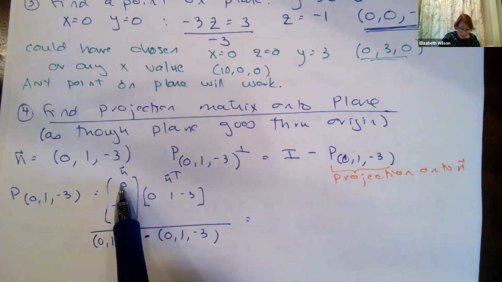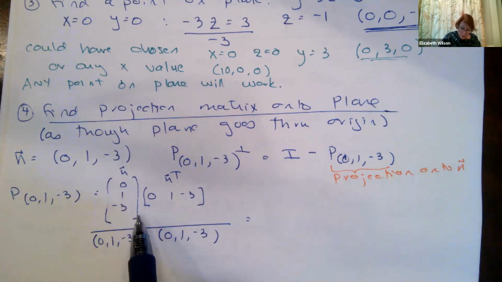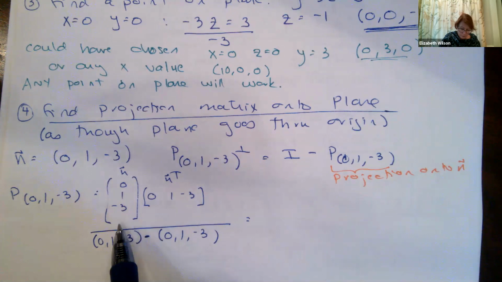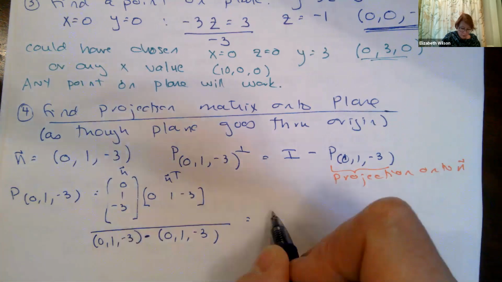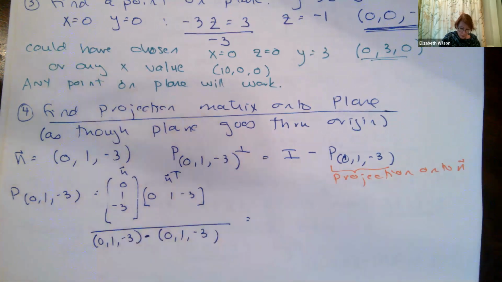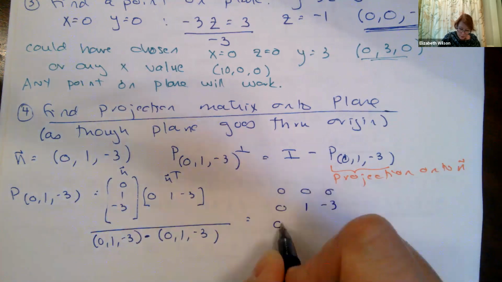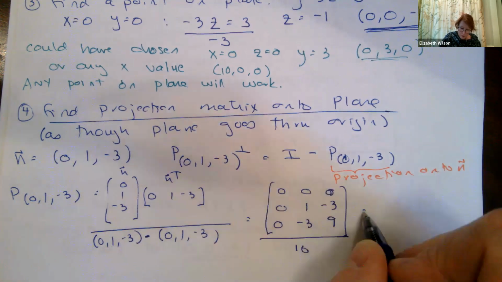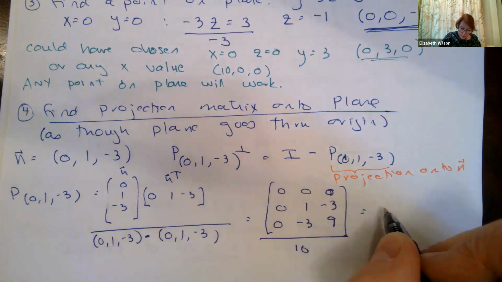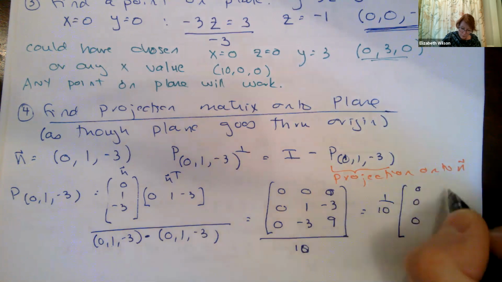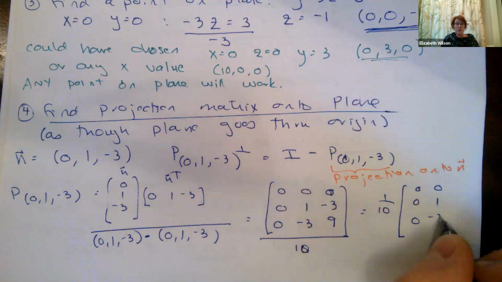So this is going to look like 0, 0, 0, 0, 1, -3, 0, -3, 9. And that's being divided by 0 plus 1 plus 9, that's being divided by 10. So I can draw this out: 1/10 times that matrix. So that's our projection onto the normal.